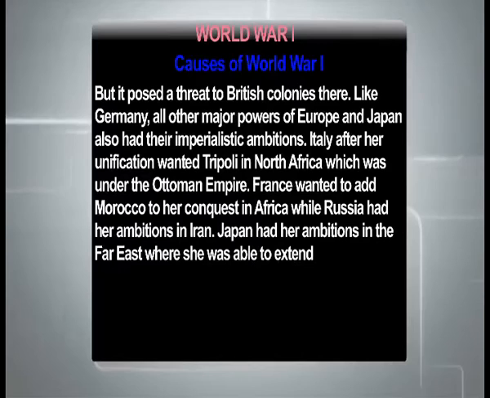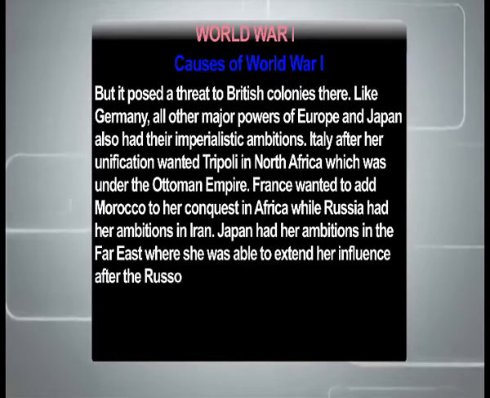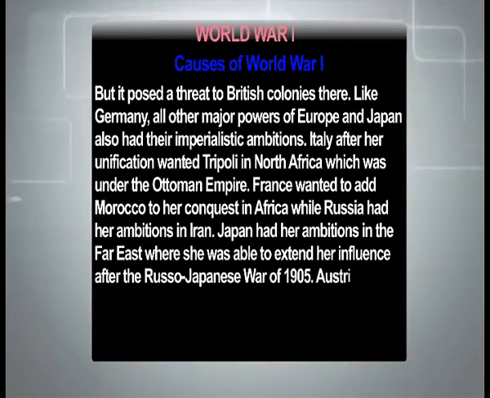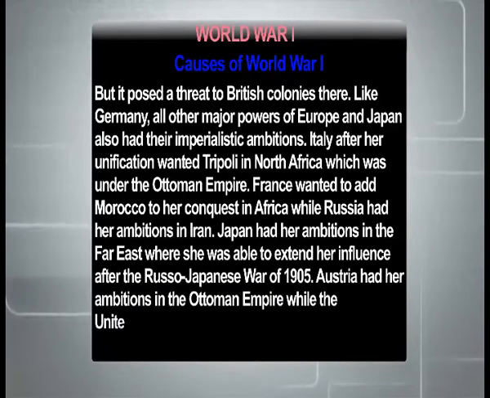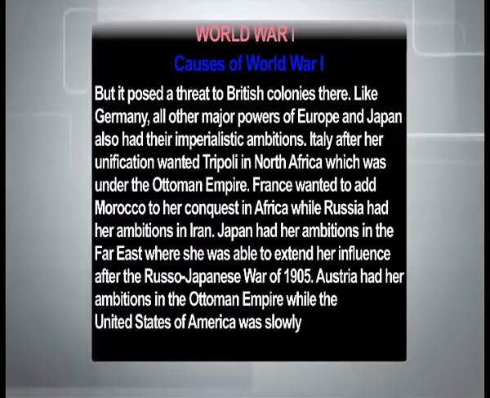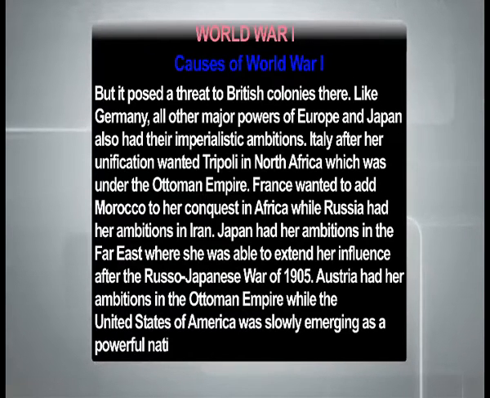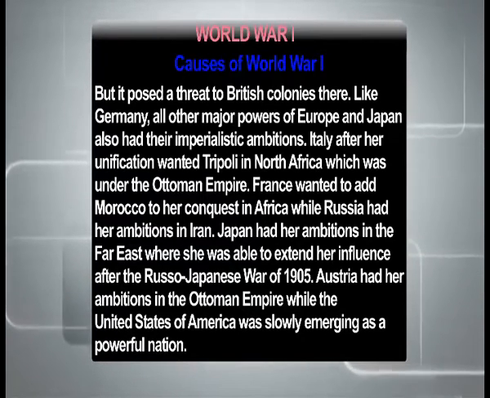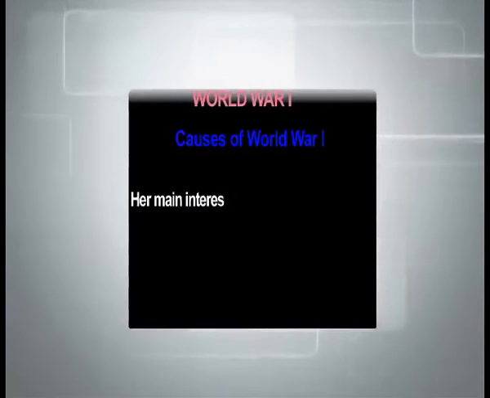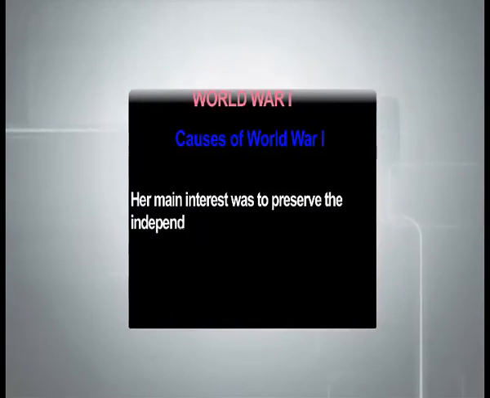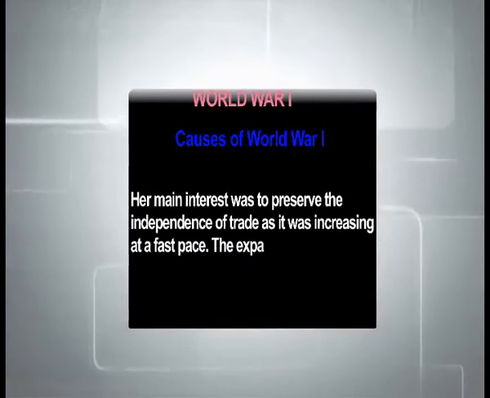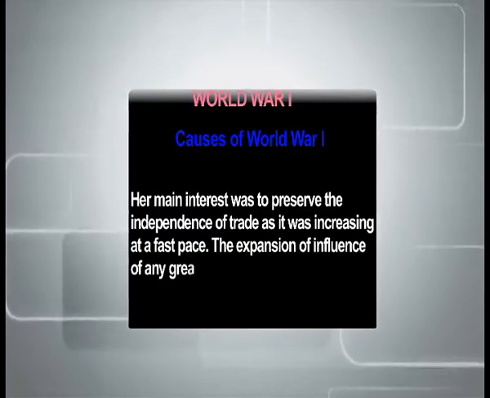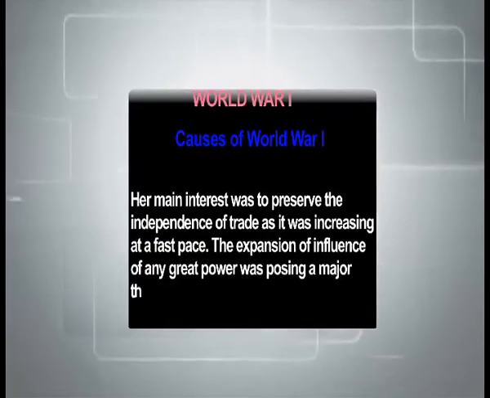Japan had her ambitions in the Far East, where she was able to extend her influence after the Russo-Japanese War of 1905. Austria had her ambitions in the Ottoman Empire, while the United States of America was slowly emerging as a powerful nation. Her main interest was to preserve the independence of trade as it was increasing at a fast pace. The expansion of influence of any great power was posing a major threat to world peace.